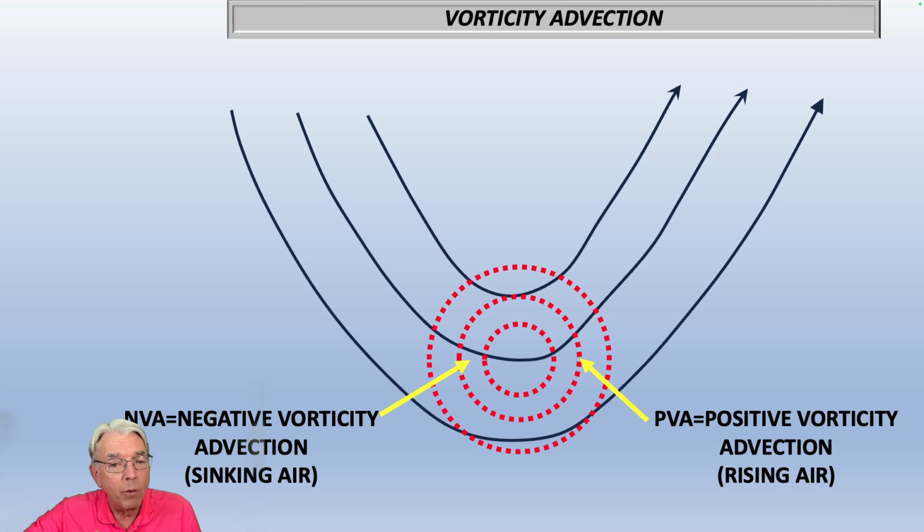We have to see how it's changing as you go up through the atmosphere. In the summertime, when the winds are many times weak all the way up through the atmosphere, vorticity advection doesn't mean a whole lot, because it's not changing with height. But in the wintertime, usually the winds increase quite a bit as you go up, and so the vorticity advection would definitely increase as you go up in the atmosphere.